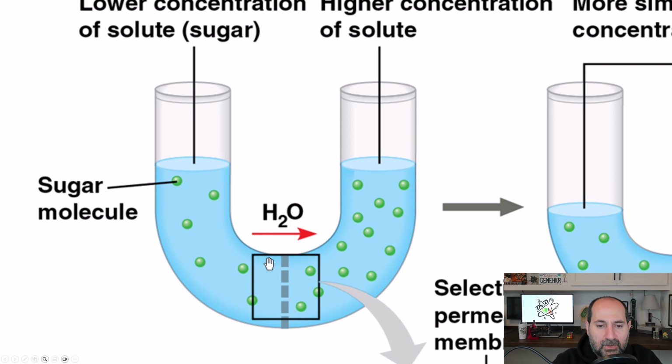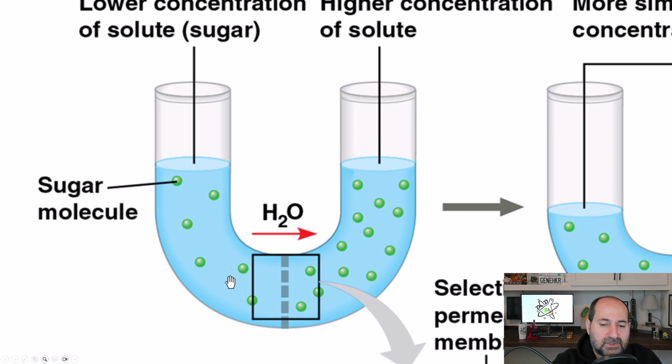If the green dots could diffuse, which they can't in this example, but if these sugar molecules could diffuse, they would net flow to the left. Is that correct? The sugar would diffuse to the left. Why? Because the sugar is more concentrated on the right. And diffusion means whatever is diffusing will move from where it is most concentrated to where it is less concentrated, right?